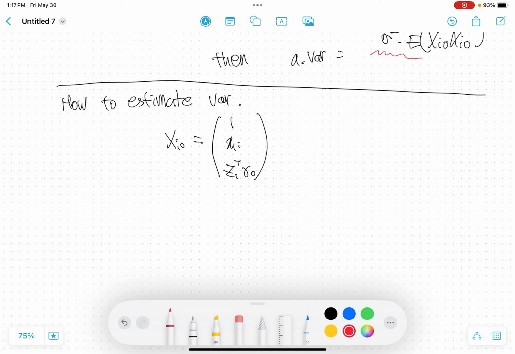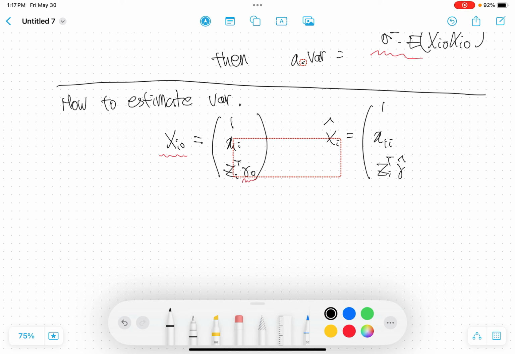Okay, so xi0 itself is not observed because gamma 0 is not observed. You have to replace it, right? Xi hat will be used instead of xi0.